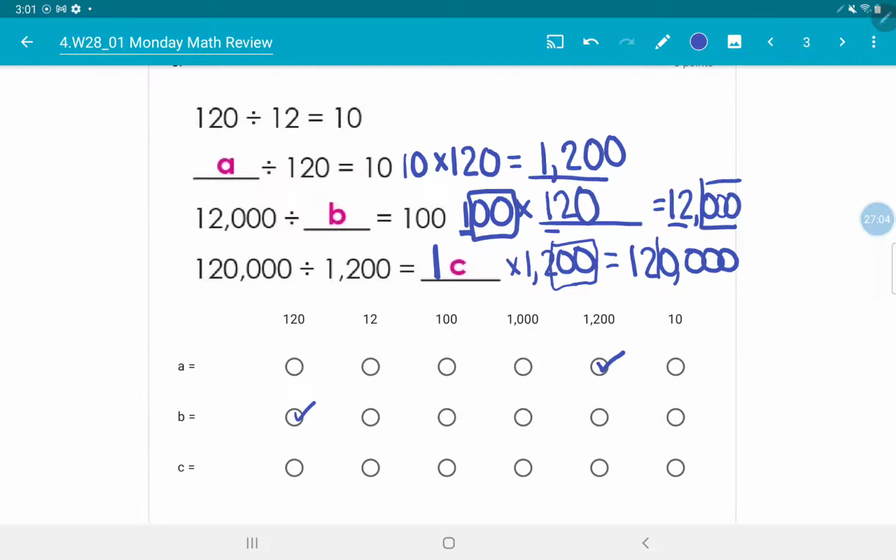It has 4 zeros. So how many more do I need? I have 4 in my product. 2 of them are taken care of with this factor. So how many does that leave me? 2 more. So that's going to be 100.